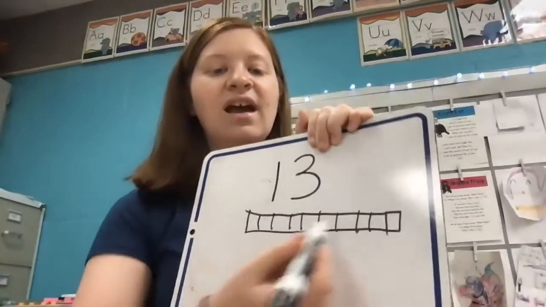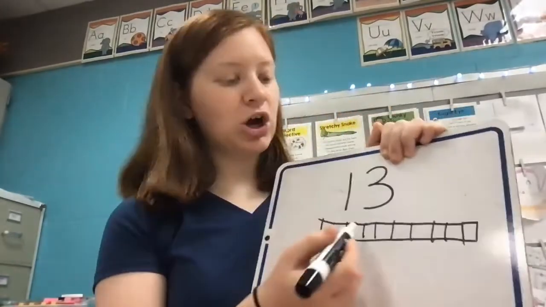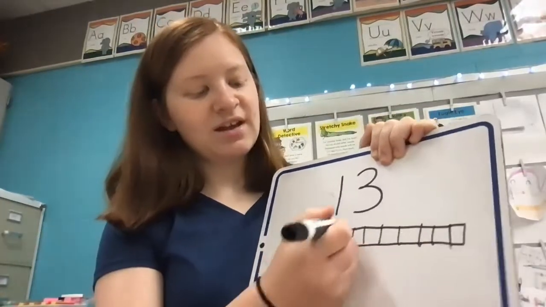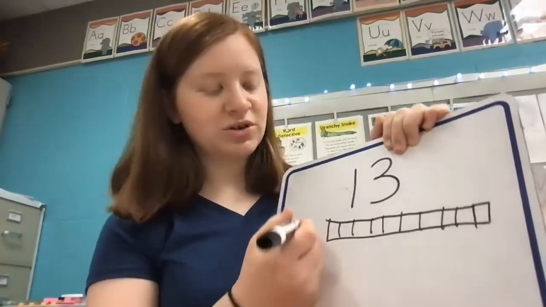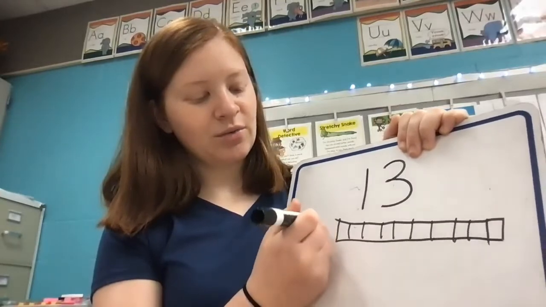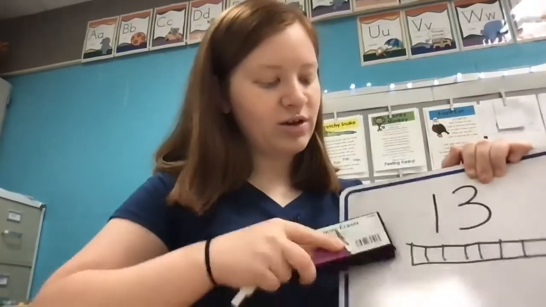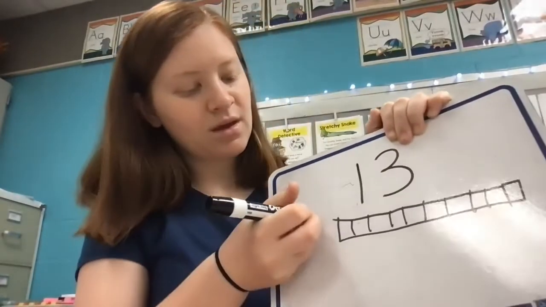So this stack of blocks represents our group of 10 because in this stack, we have 10 separate blocks. So we're going to write 1 right here to show we have our one group of 10.